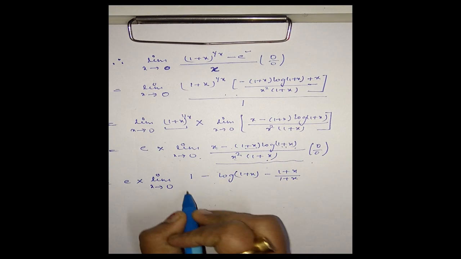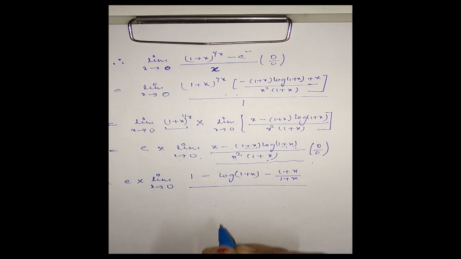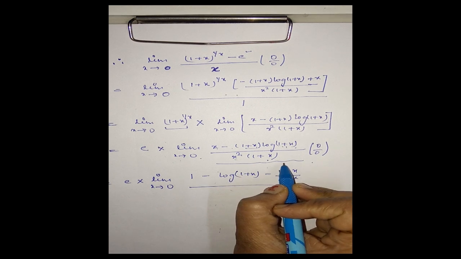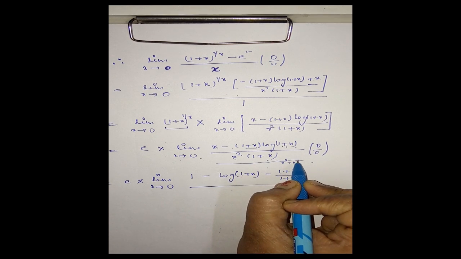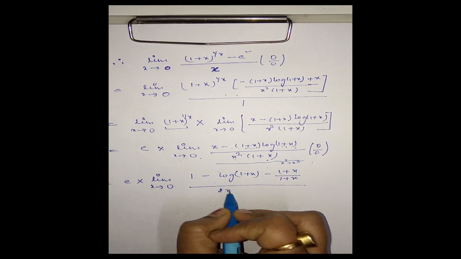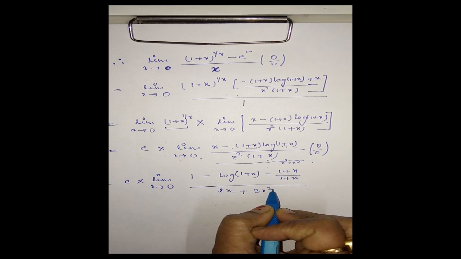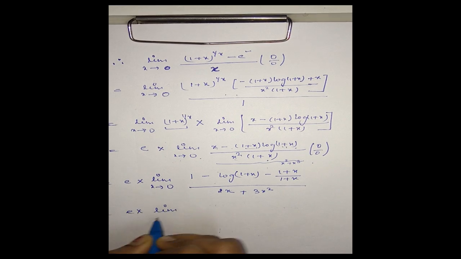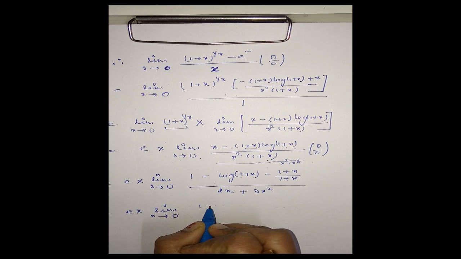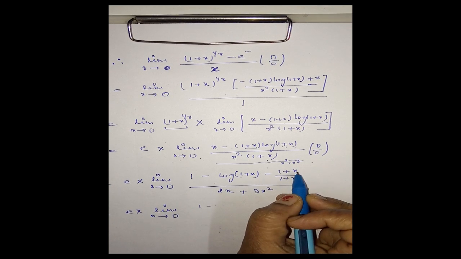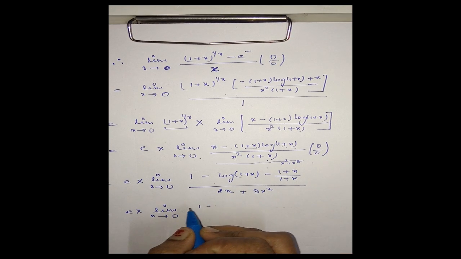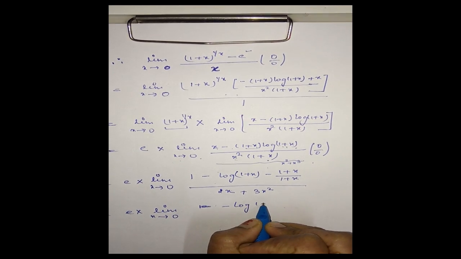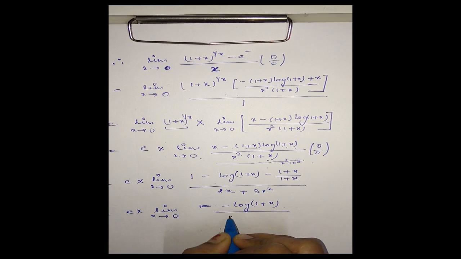In the denominator we have x square plus x cube, that means the derivative will be 2x plus 3x square. On simplifying the numerator, 1 minus 1 gets cancelled out and we are left with minus log (1 plus x) divided by 2x plus 3x square.